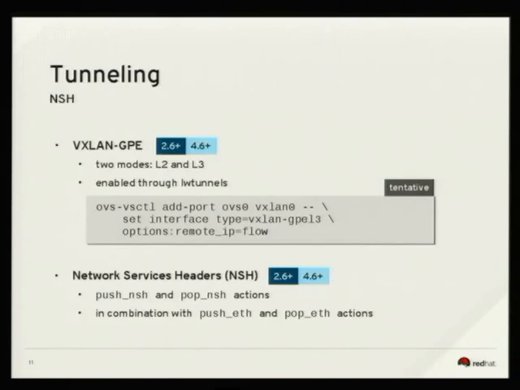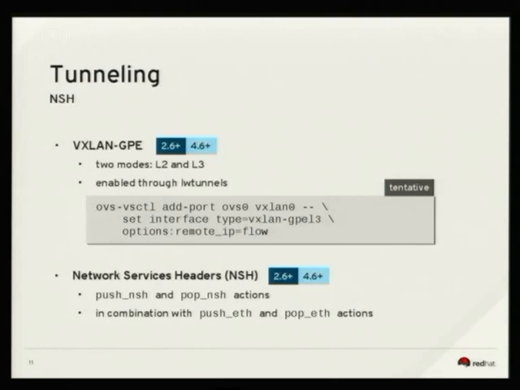VXLAN GPE. There are patches that add VXLAN GPE to the kernel already, not yet merged, currently in the process of being reviewed and merged. So the target is probably kernel 4.6, maybe later. Again, you never know when you're submitting upstream.